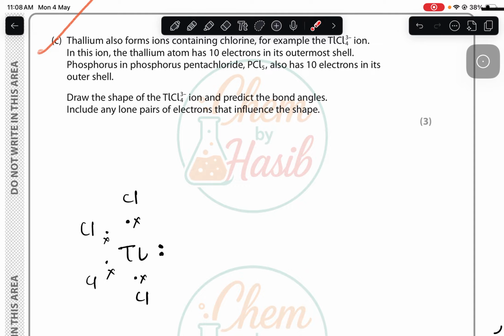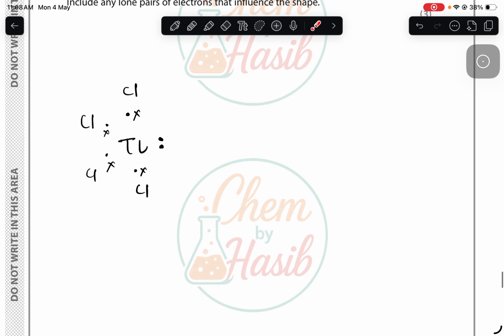If it is surrounded by 10 electrons here, so there is 1 pair, 2 pair, 3 pair, 4 pair. So now there are 8 electrons. So in order to have 10 electrons, there must be a lone pair, right? So this dot and cross diagram is a 5 electron pair system. 1, 2, 3, 4, 5.